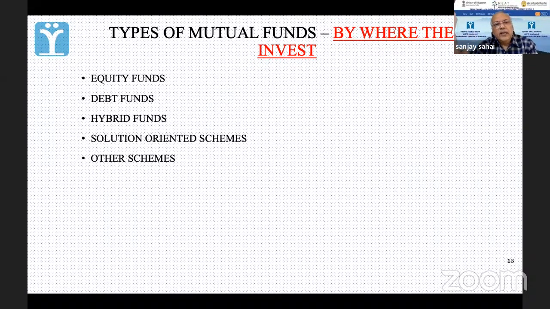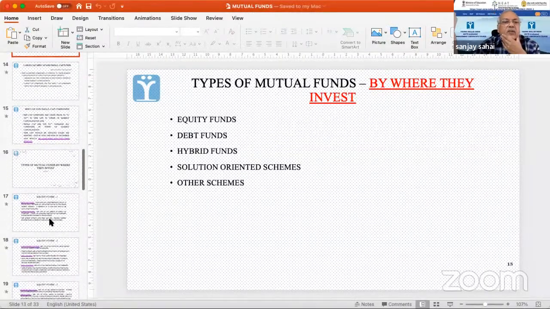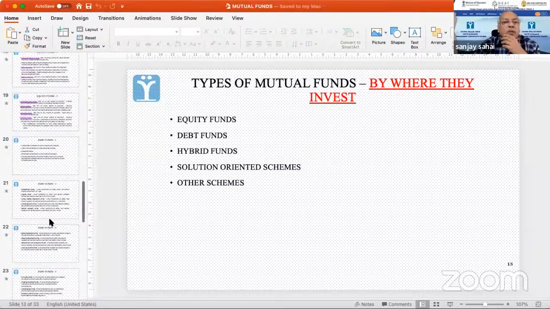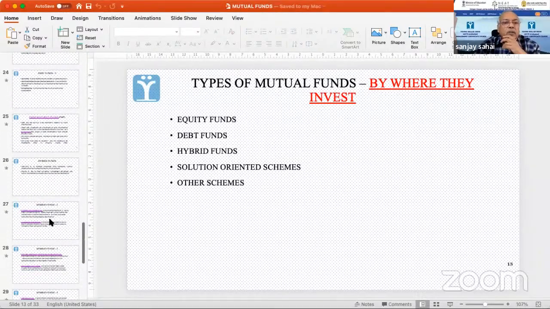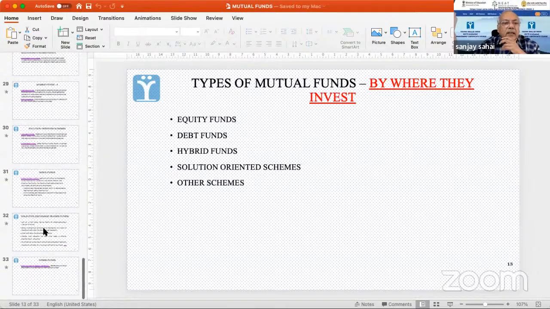And then we looked at these different types of funds: equity funds, debt funds, hybrid funds, solution-oriented schemes, all this. And basically, the rest of the presentation is about this aspect. So we will not be able to look at them all today, obviously.